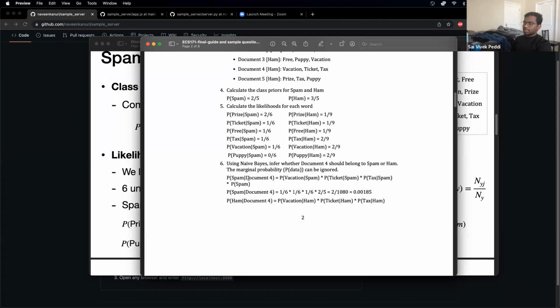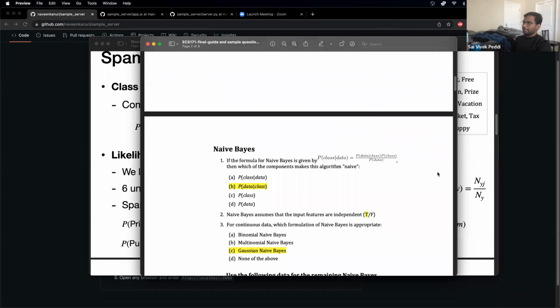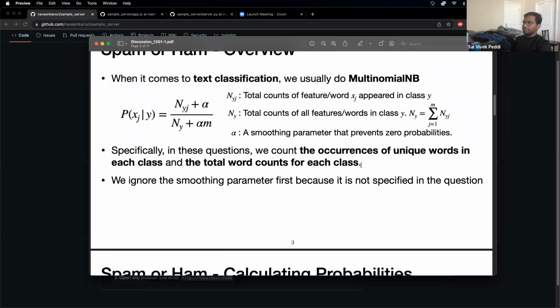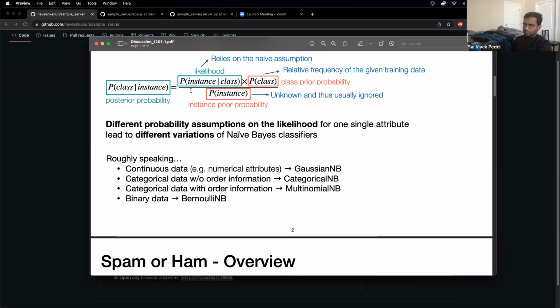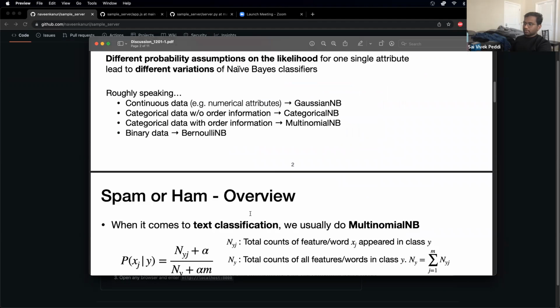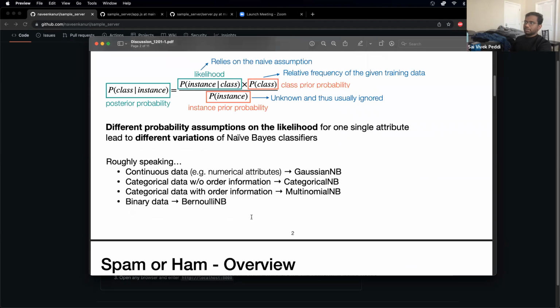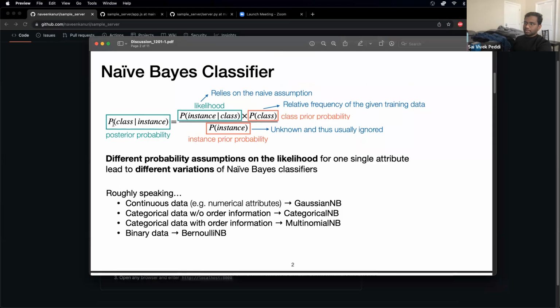Now, using the naive Bayes assumption, we generally ignore the instance prior probability, the probability of the instance. Assuming that, here we have the probability of class given instance.